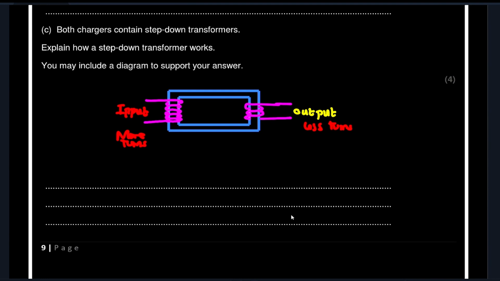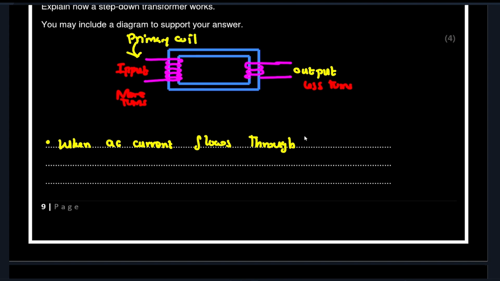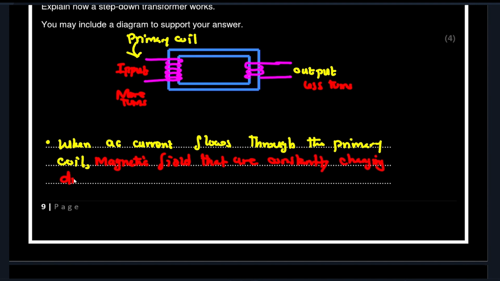So, let us identify what happens when AC current flows through the primary coil. When AC current flows through the primary coil, a magnetic field that is constantly changing direction is created.